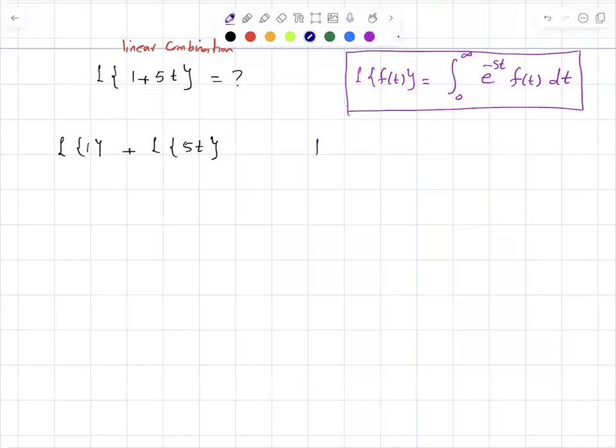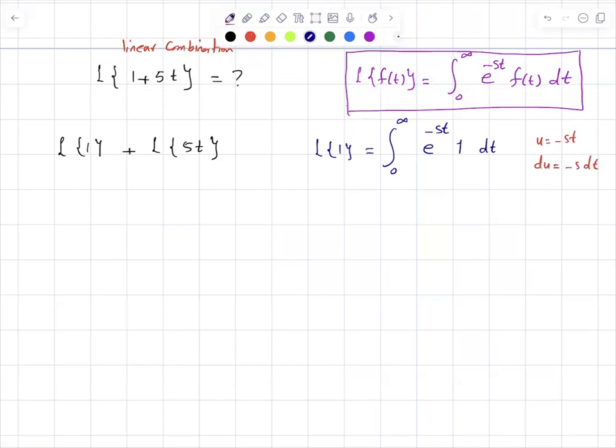For the Laplace of 1, this is the integral from 0 to infinity of e to the power negative st times 1 dt. This is a simple use of u substitution: if u is equal to negative st, du is negative s dt.